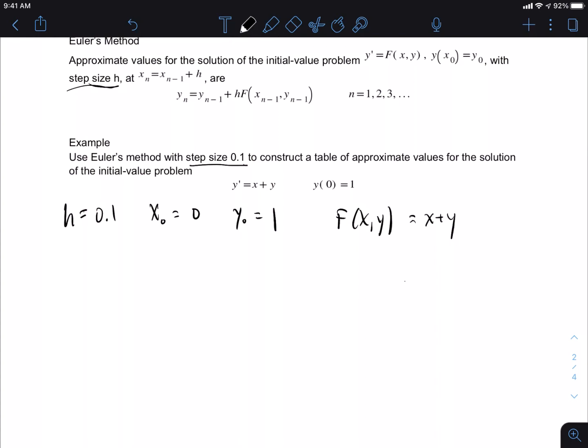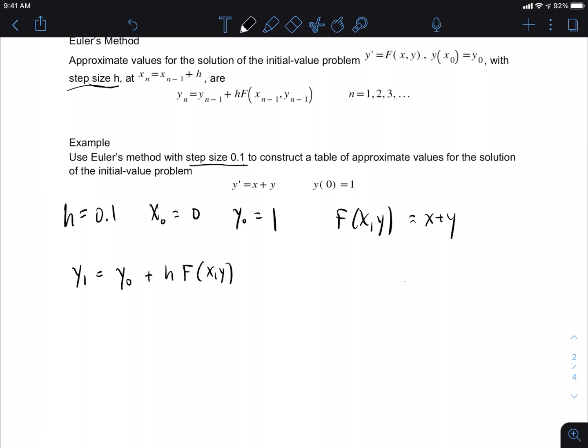Yes. So let's start. So y1, following this pattern right here, is going to be equal to the initial y value that we know plus our step size times our derivative function.